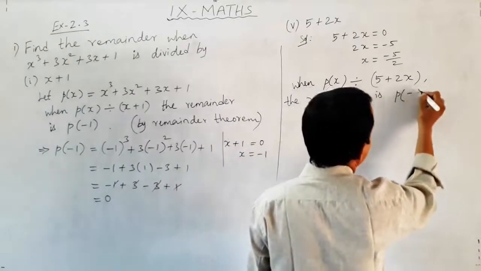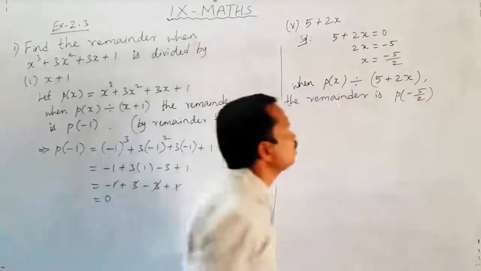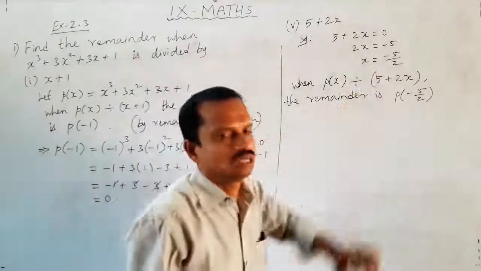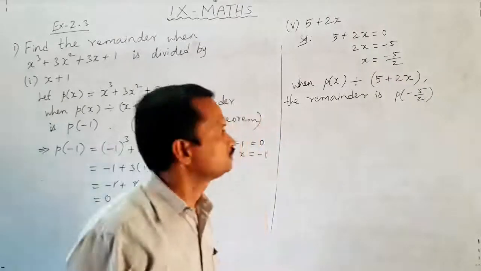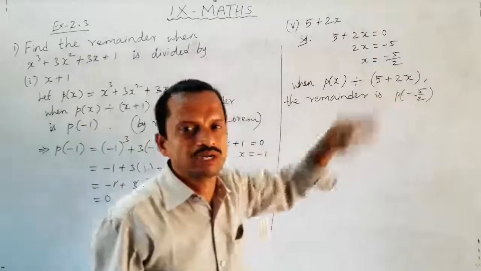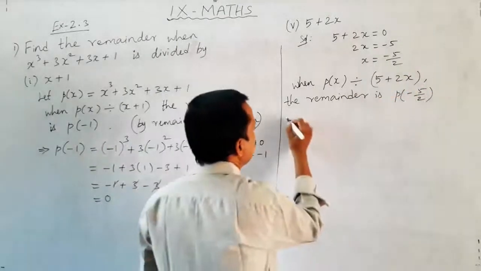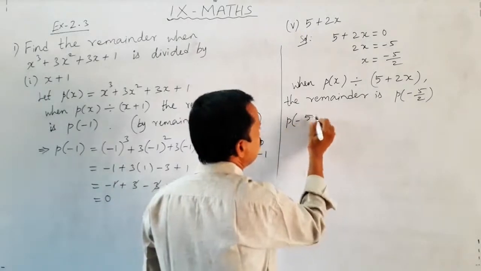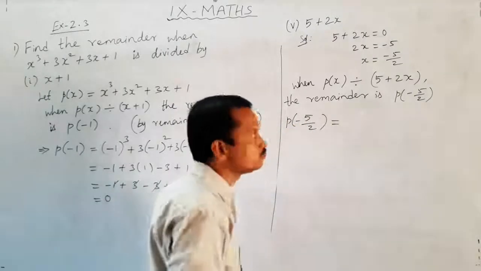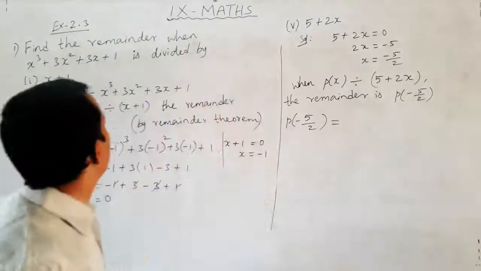P of minus 5 by 2. So whatever value you get for x the variable, you have to put it like this, p of minus 5 by 2. To find the remainder, you have to substitute in the polynomial p of x.